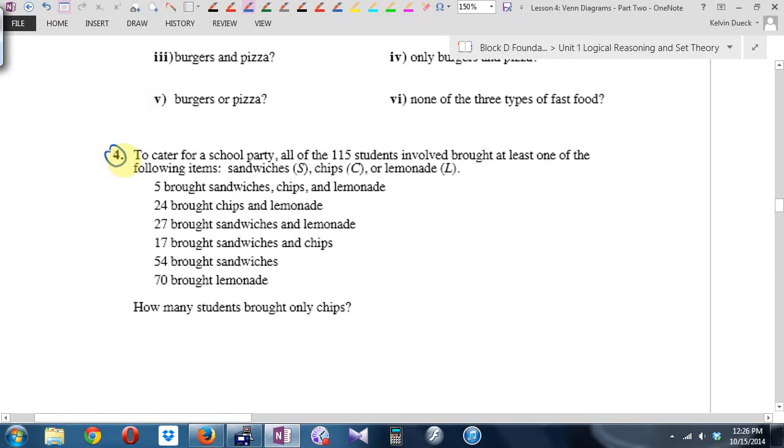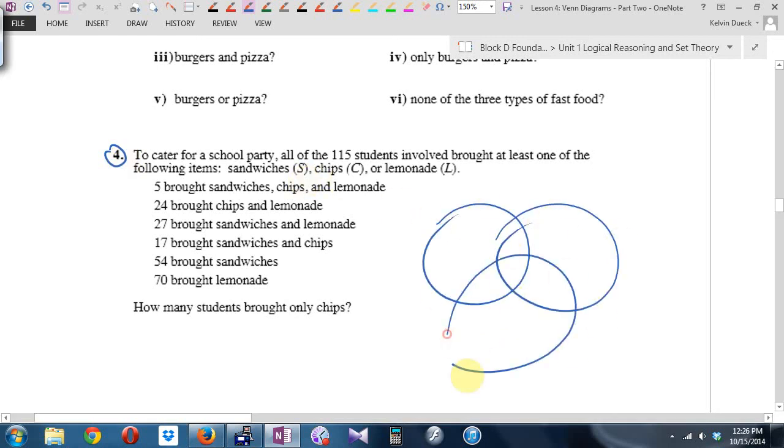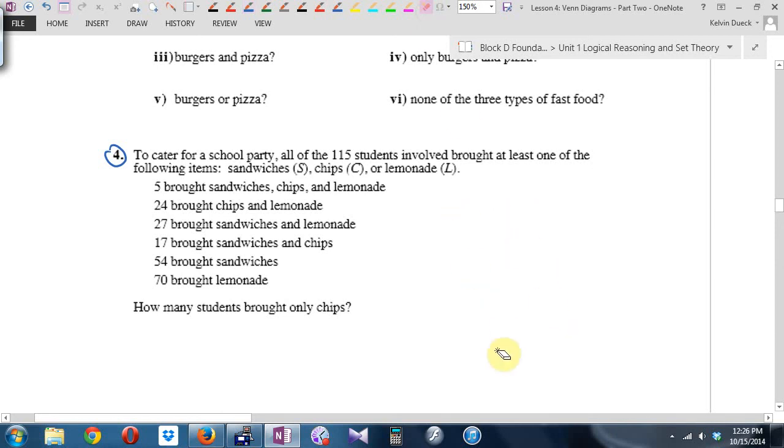Did they give you a Venn diagram in number 4? No. Draw one. I mean, there are some people that can do all this in their head and keep track of it. I am not one of those people. Draw a Venn diagram, and in fact, since it's got 3 things, it's going to be a Venn diagram where you have 3 circles overlapping. A little neater than that, please, but 3 circles overlapping.